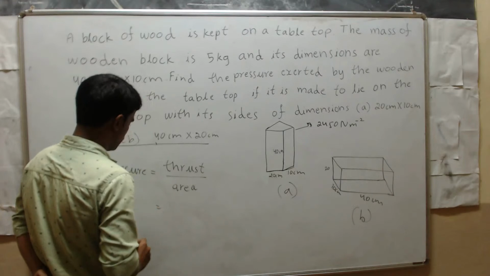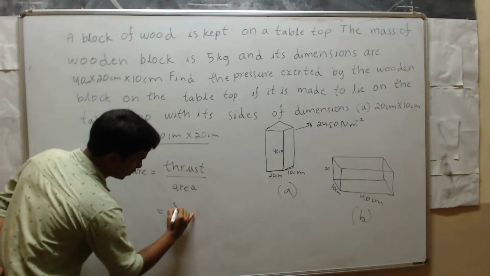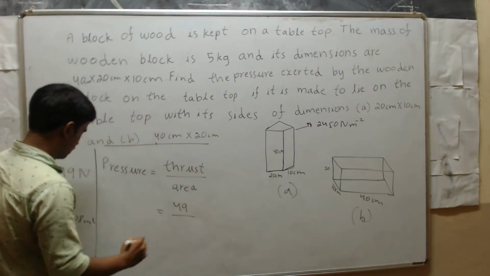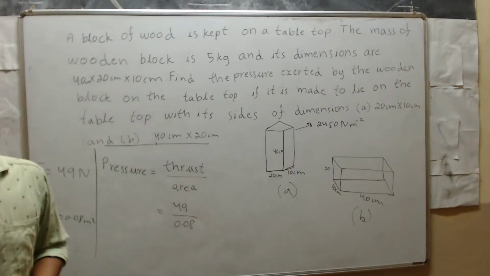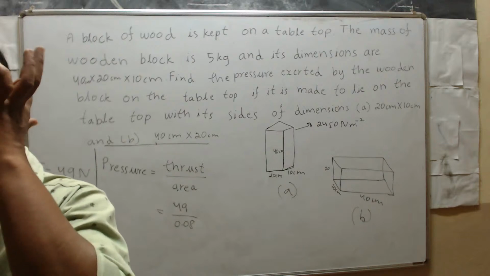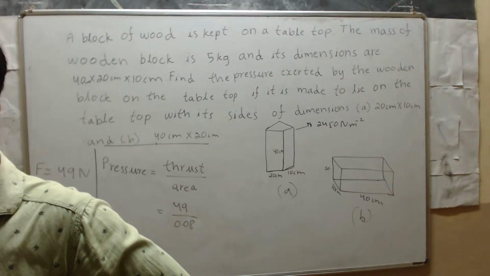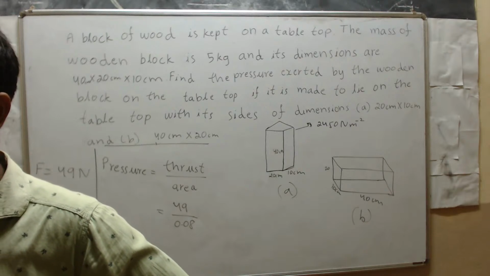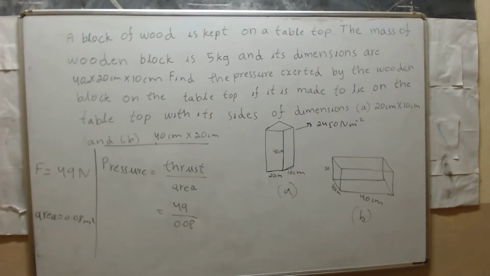What is the thrust? Thrust means force, that is 49, divided by area. Area is 0.08. What is the answer? Quick. The answer is 612.5 Newton per meter square. Correct.